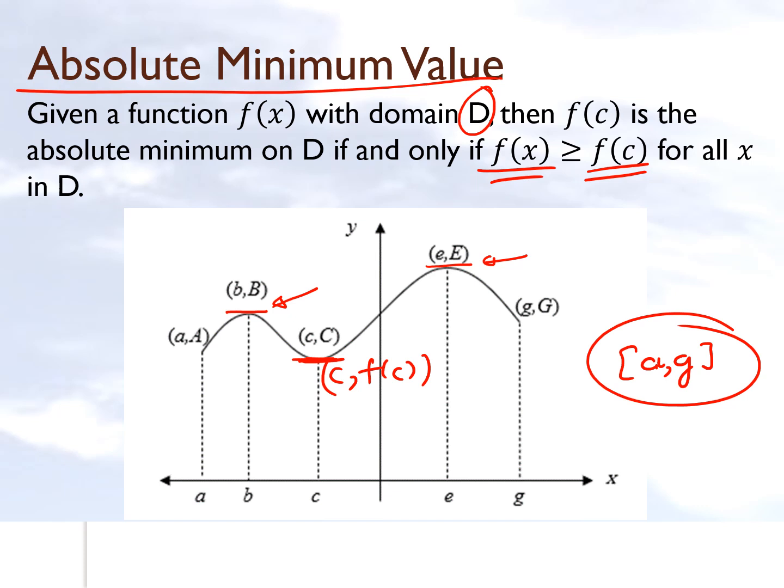Those tell you whether it's a local minimum or a local maximum. But you also have to look at the endpoints to make sure that those are not below the minimum which you get from these critical points where the derivative of the function is 0. So we will look at some of these things in the next slide.